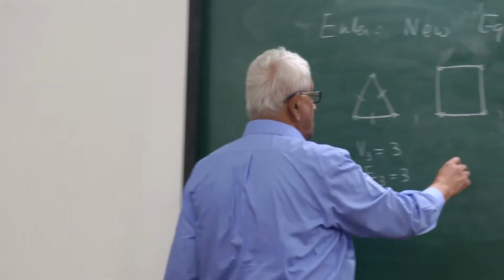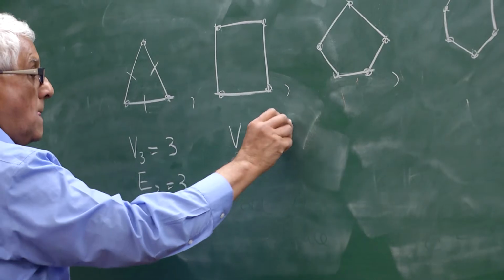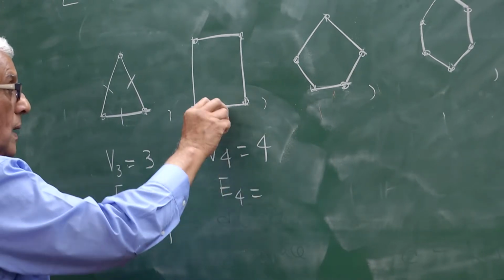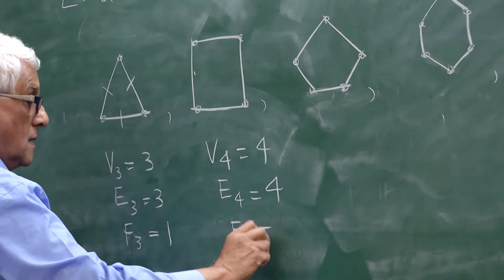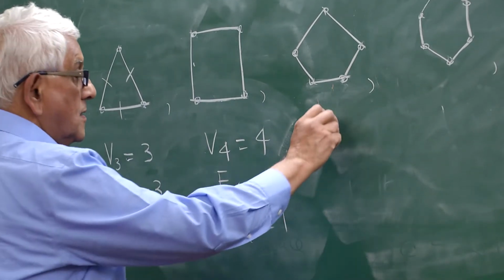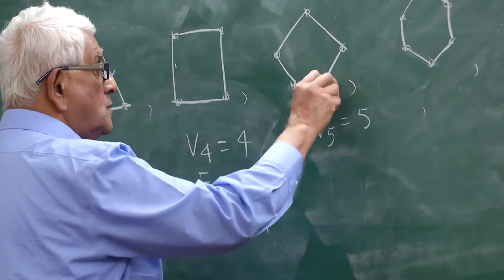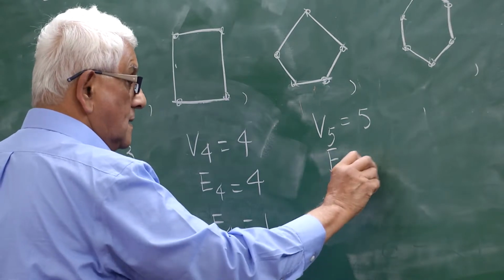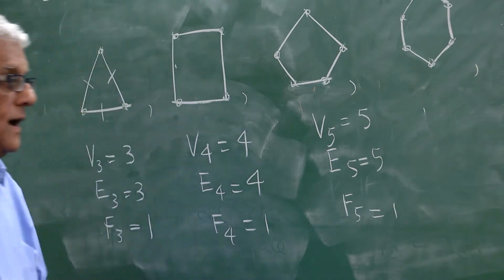I do the same thing for this. V4 is 1, 2, 3, 4, edge 1, 2, 3, 4, face 1. V5 is 1, 2, 3, 4, 5, E5 is 5, F5 is 1.